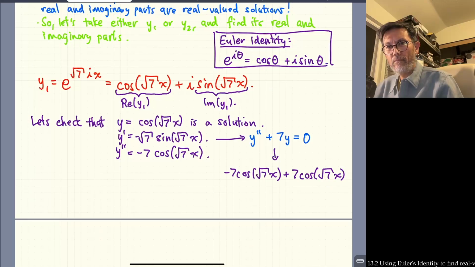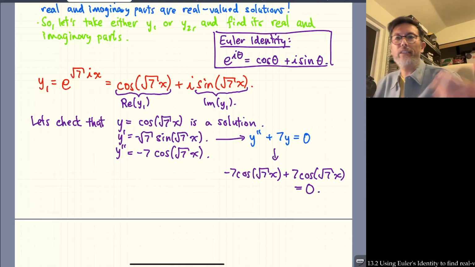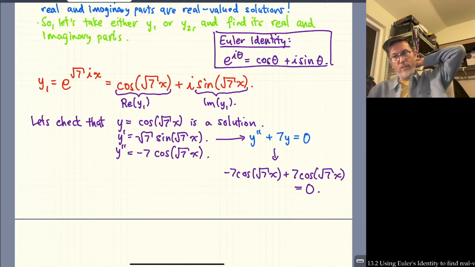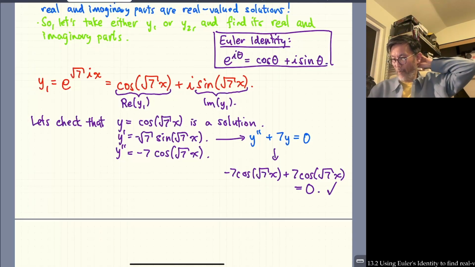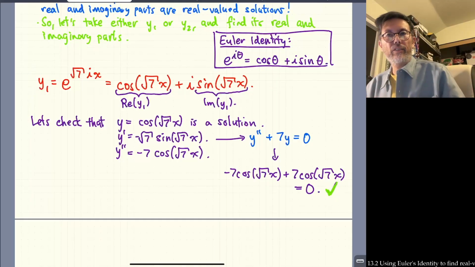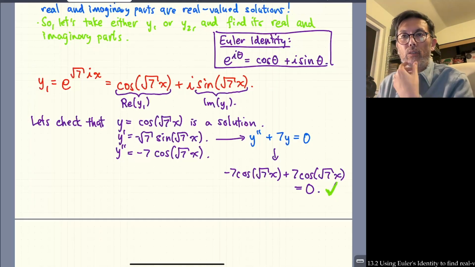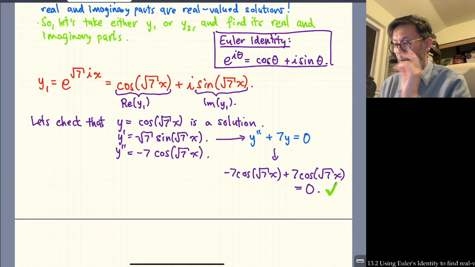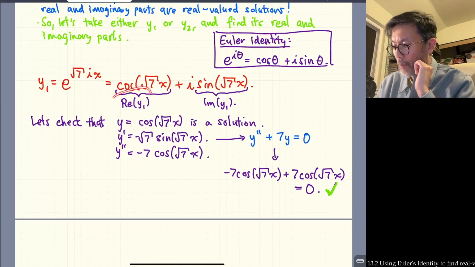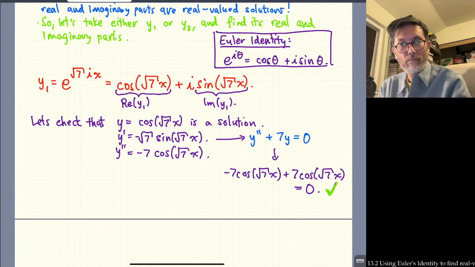And what is that? It's 0, which is what we want in order to satisfy our differential equation. So, a green check mark: this really is a solution. And I'll let you check that sine of square root of 7 times x is also a solution. In fact, this real part and this imaginary part are linearly independent solutions.